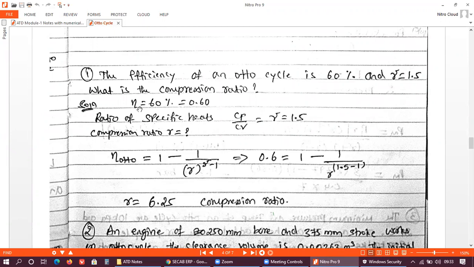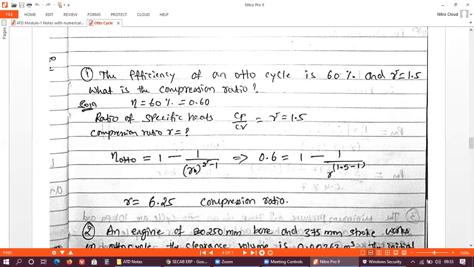Here you can see efficiency is 60%, and the ratio of specific heats, that is Cp by Cv, is equal to gamma. This gamma value is given, that is 1.5. Find the compression ratio. To calculate this we require the expression for efficiency of an Otto cycle, which is given by 1 minus 1 divided by R raised to gamma minus 1.